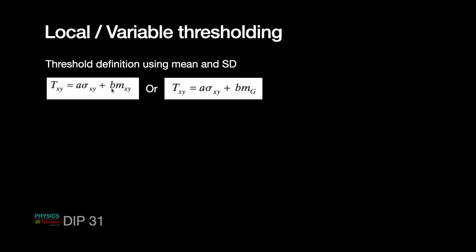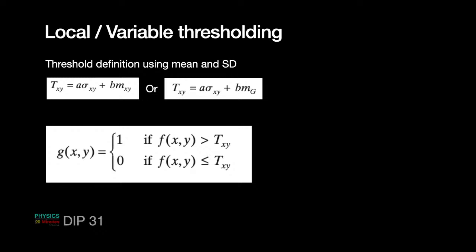If b is 0, you are using only the SD. If both are there, then you are using both. You can adjust the coefficients to give weightage to them, and you can calculate your threshold locally for the point xy. And of course, if the function has a value greater than Txy, set it to 1, less than or equal to Txy, set it to 0, and thresholding is done. So this is how we do local or variable thresholding.